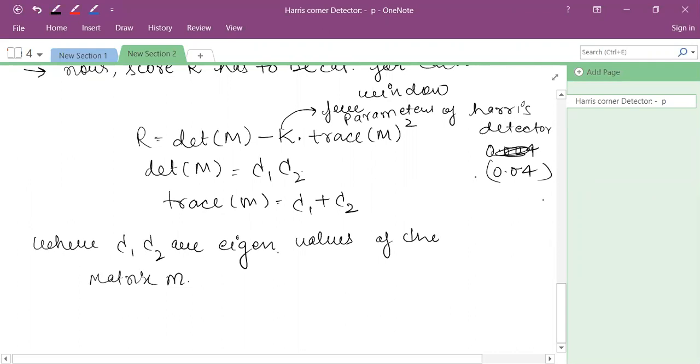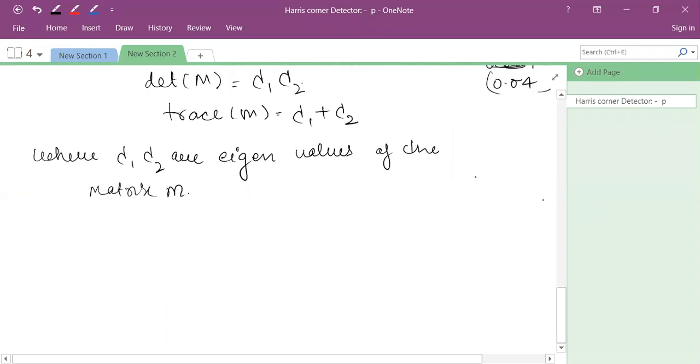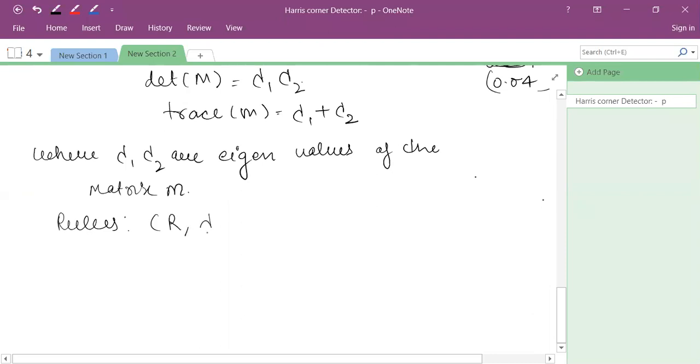This value is responsible for deciding whether the region is flat, an edge, or a corner. So there are three rules, taking the parameters R score, lambda 1 and lambda 2.